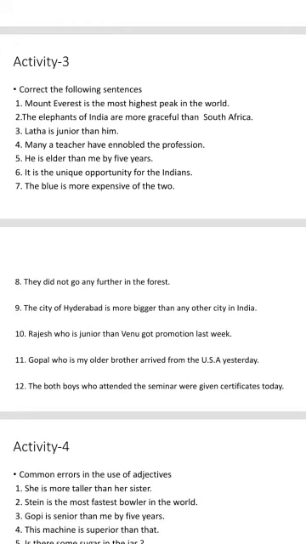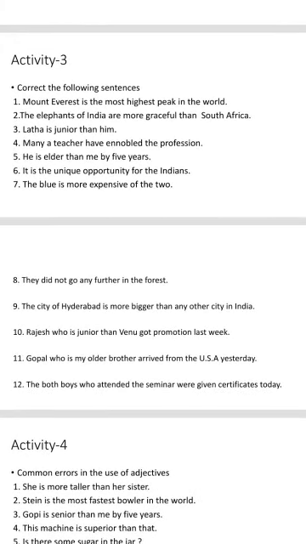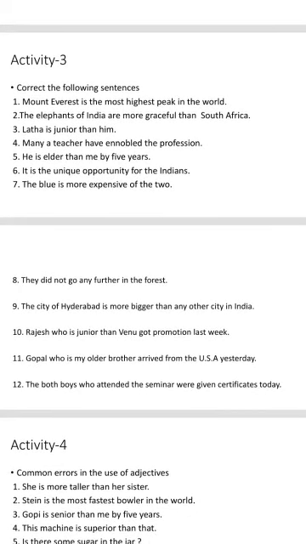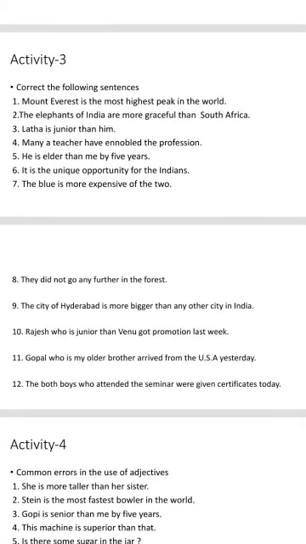So here the mistake is in the use of double adjectives. Most is an adjective in superlative degree. Highest is an adjective in superlative degree. There is no need to add double superlatives. So remove most and rewrite the sentence.